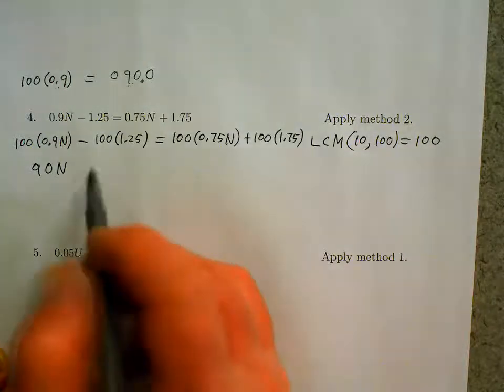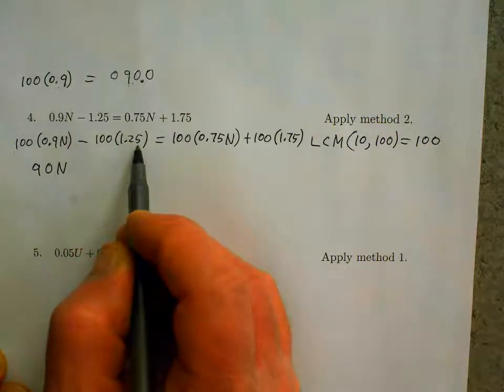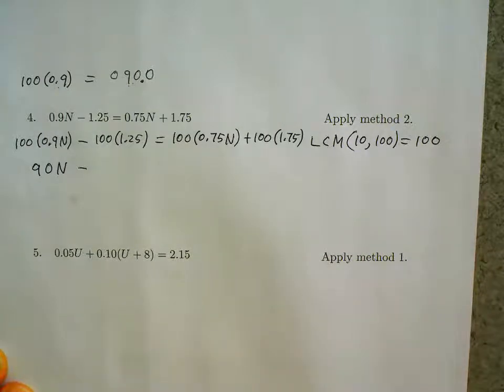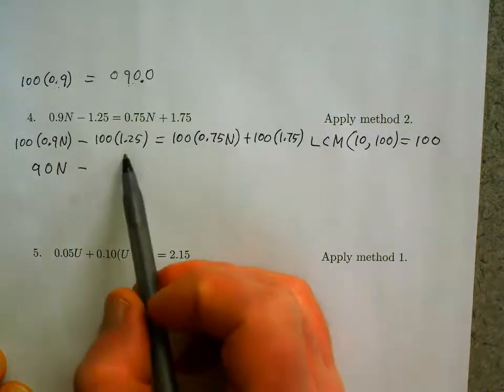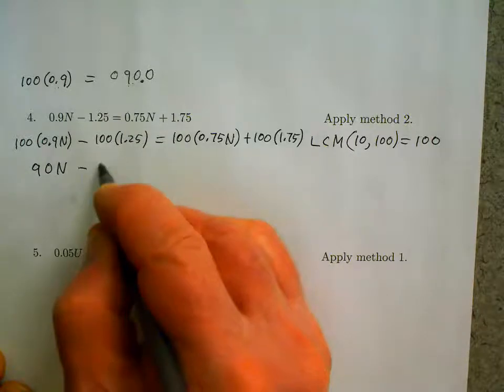Okay, then the next one, minus 100 times 1.25. In the decimal number 1.25, move the decimal 2 places to the right, so we get minus 125.